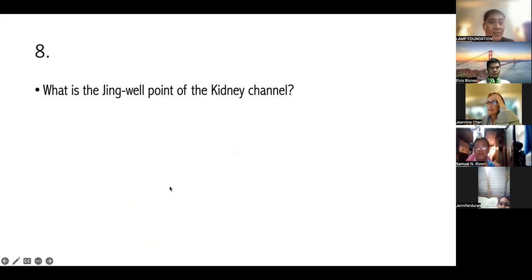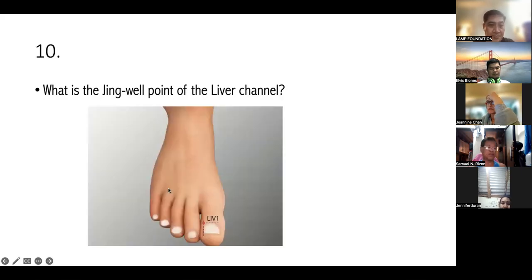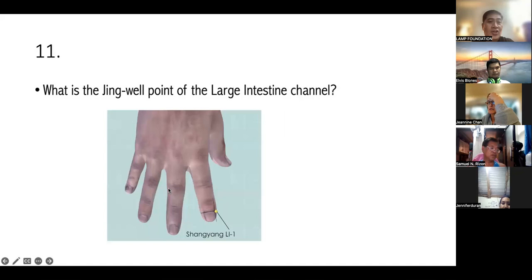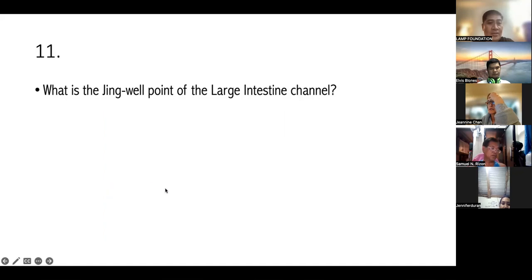Great. What is the Jingwell point of the kidney channel? Kidney 1. Jingwell point of the pericardium channel? Pericardium 9. Great. What is the Jingwell point of the liver channel? Liver 1.